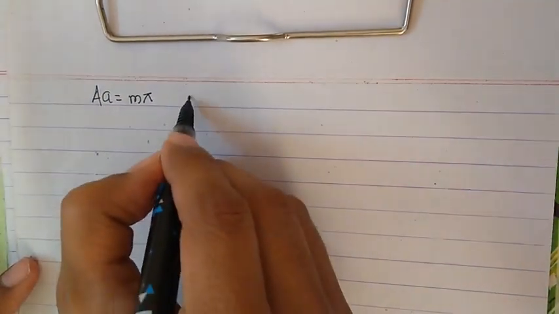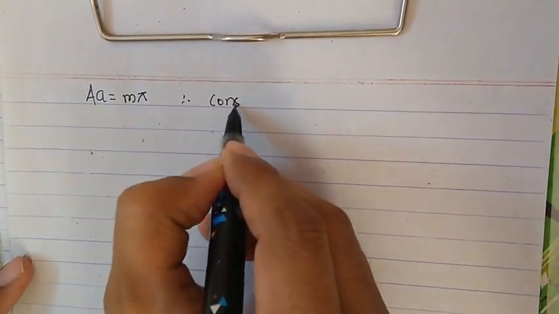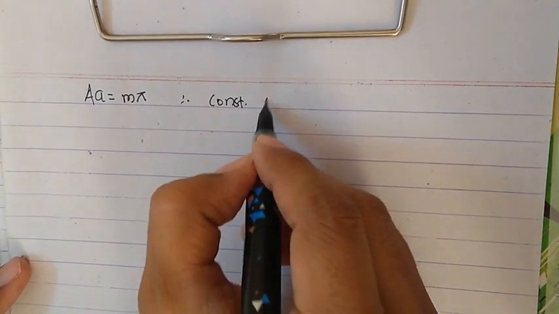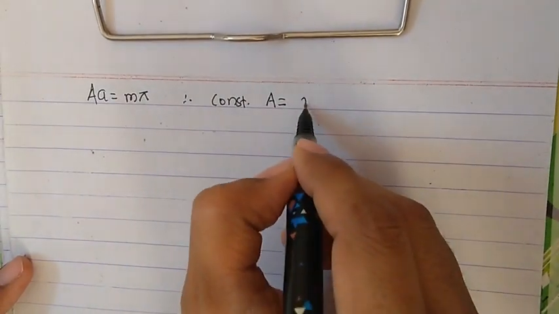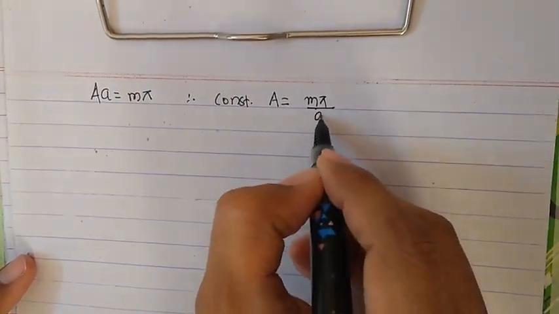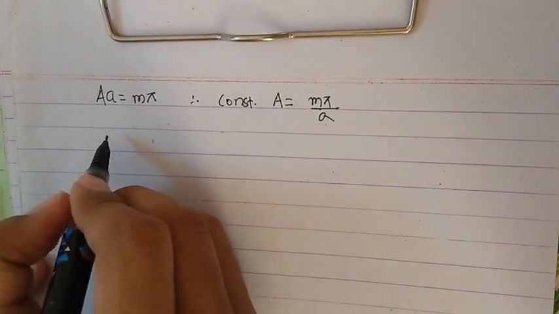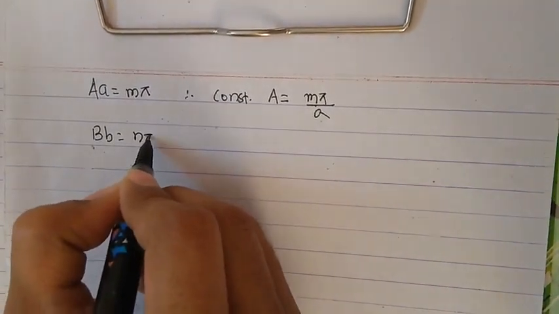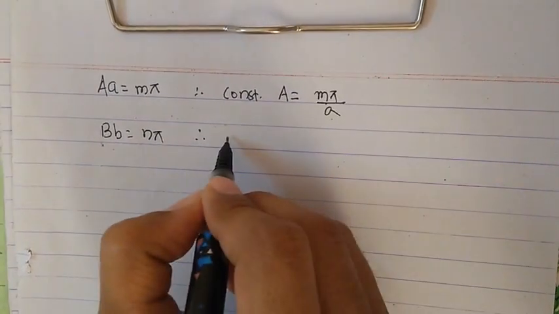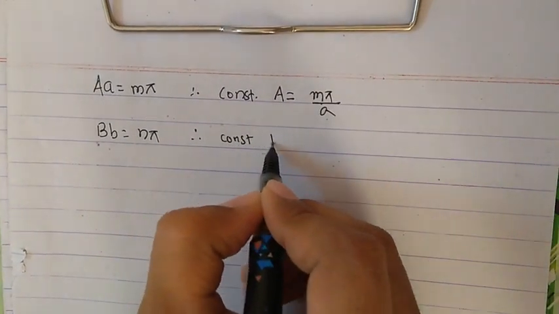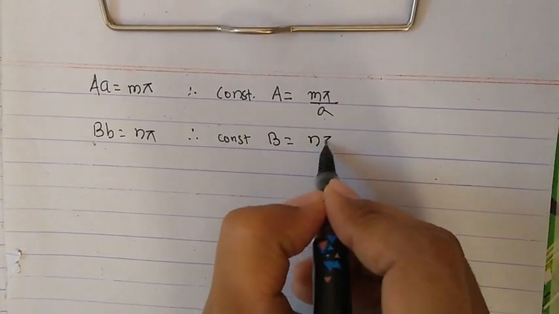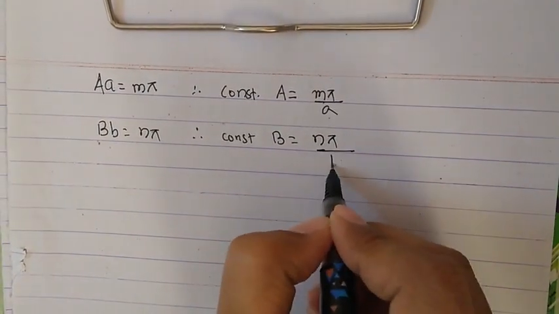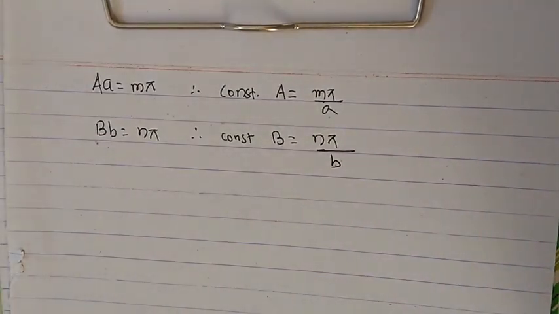Therefore, the constant a will be equal to m pi by a. And for the other boundary condition y equal to b, b should be a multiple of pi. This time the constant b is equal to n pi by b. So this is what you have obtained.